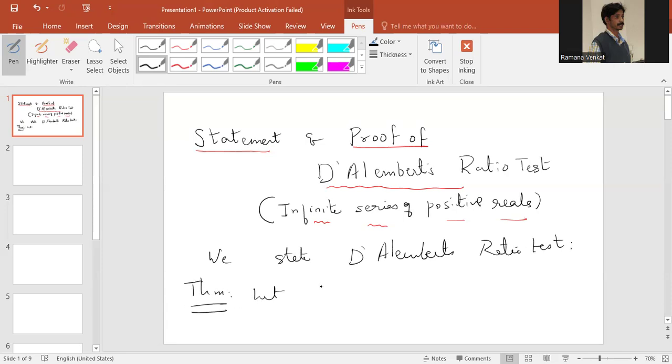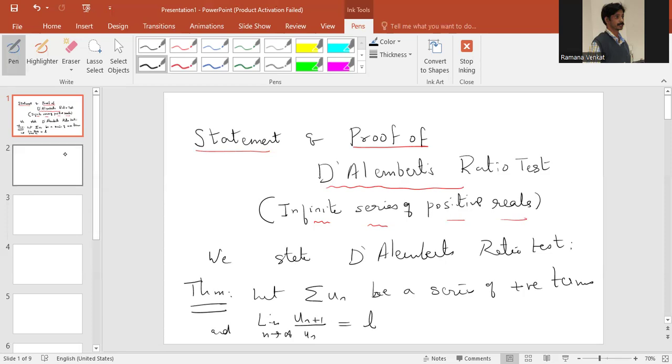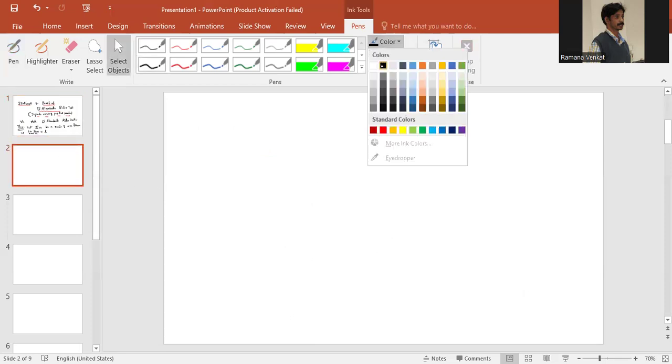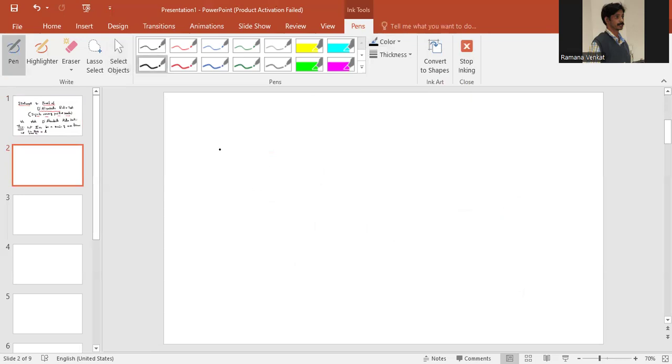Let summation un be, as usual, a series of positive terms, and this ratio, limit of un plus 1 by un as n tends to infinity, be expressed as L. Now what we infer is from this L. Then if L is less than 1, we conclude the series is convergent.